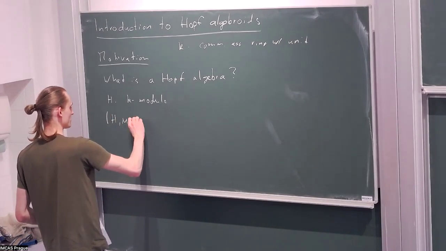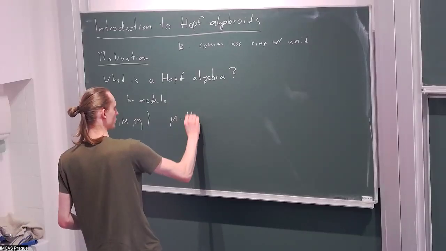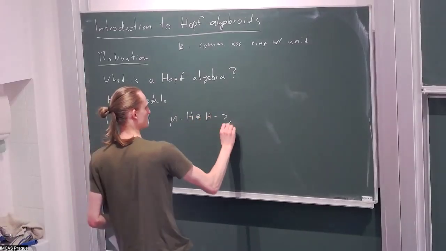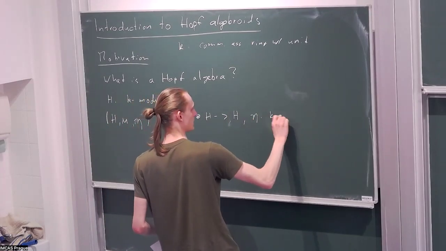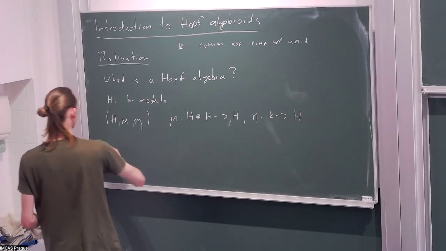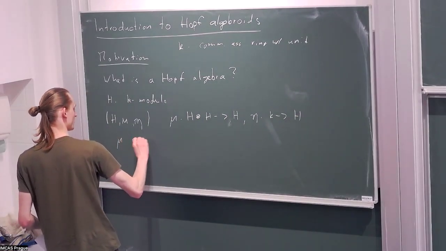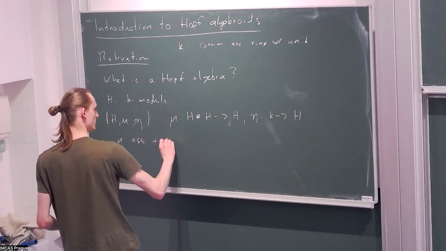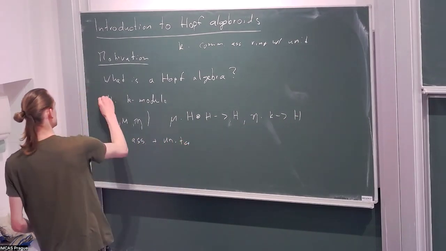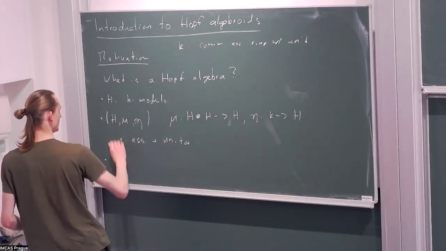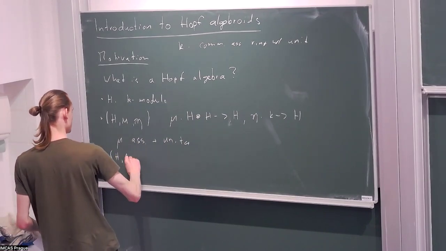algebra structure on H. So that means mu goes from H tensor H to H, and eta from K to H, the unit, such that mu is associative and unital. And then additionally to this algebra structure, we have a co-algebra structure.